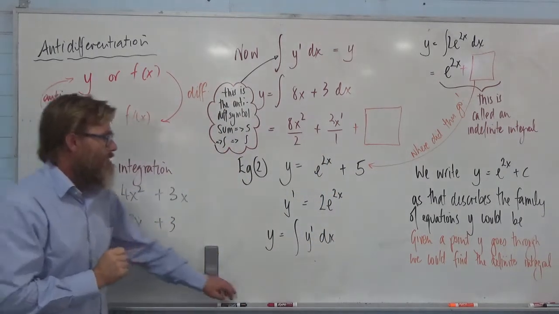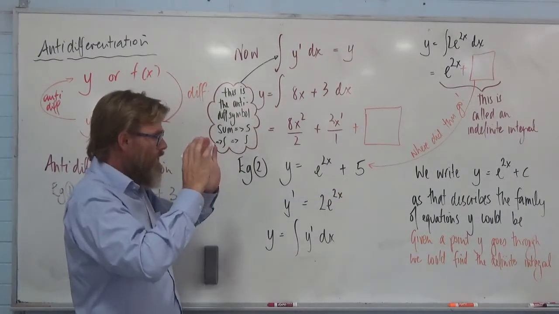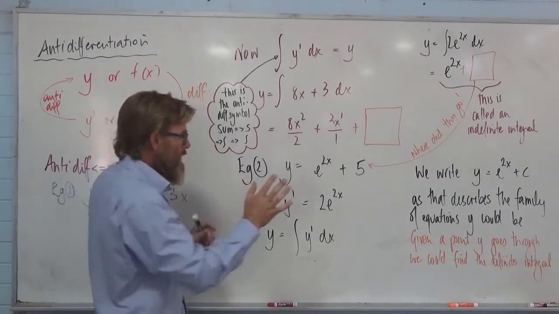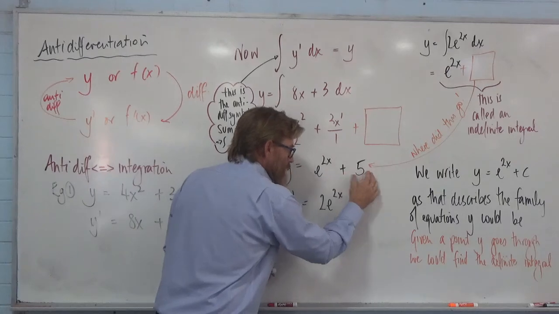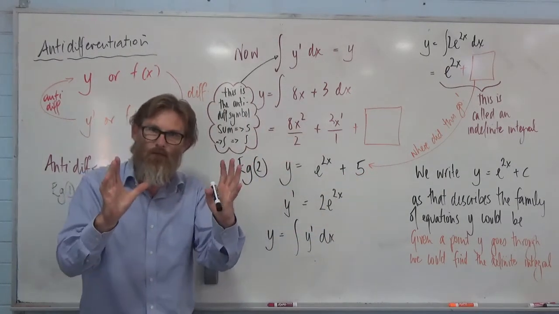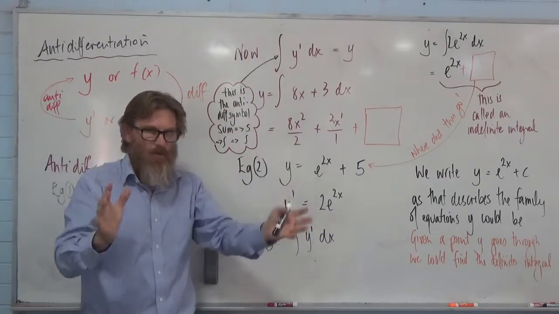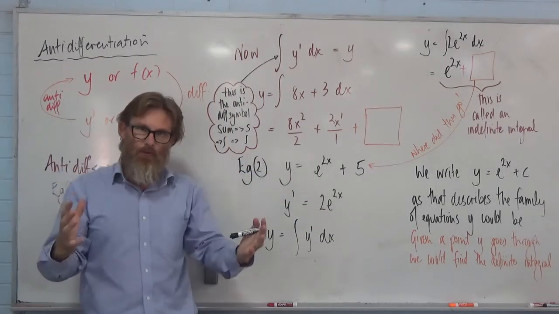Okay? Now, this part here, let's talk about that. Think back to your graphing functions idea. A number by itself on the end, no x involved with it, no variable, is just taking the graph and moving it up or down on the axis. It's not actually changing the shape of the graph.